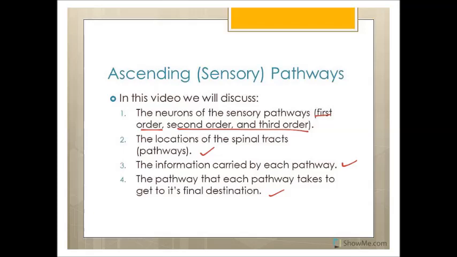So the real first order of business is to look at what we refer to as first order, second order, third order neuron. I'll use this diagram for that. First order neurons are the sensory neurons, the ones carrying the sensory information from a sense receptor. Let's say I've got a sensory receptor here.